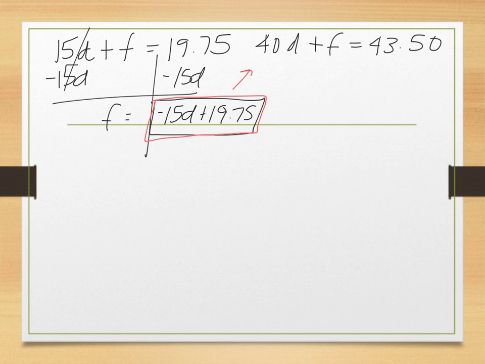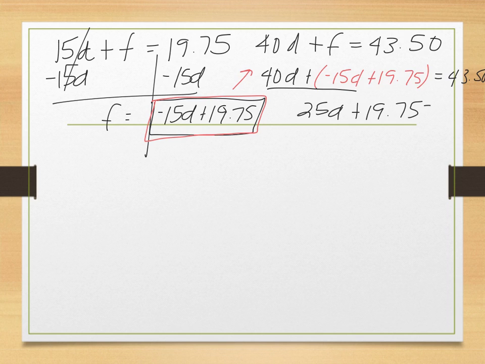So here we go. We will have that 40d plus, in parentheses, negative 15d plus 1975 is equal to $43.50. So again, we can ignore the parentheses here because we're not distributing a negative inside. So if I simplify 40d and negative 15d, I would get 25d plus 1975 equal to $43.50.